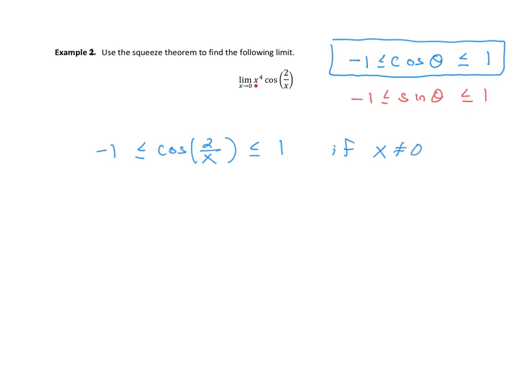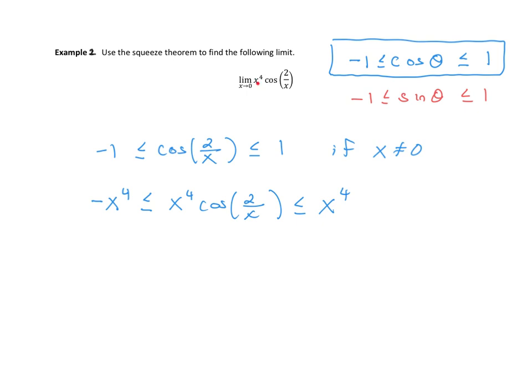What you can do next is multiply through this inequality by x to the 4th. So here on the left, I'll multiply by x to the 4th, and I get negative x to the 4th. That's less than or equal to x to the 4th times cosine of 2 over x, and that's less than or equal to x to the 4th.